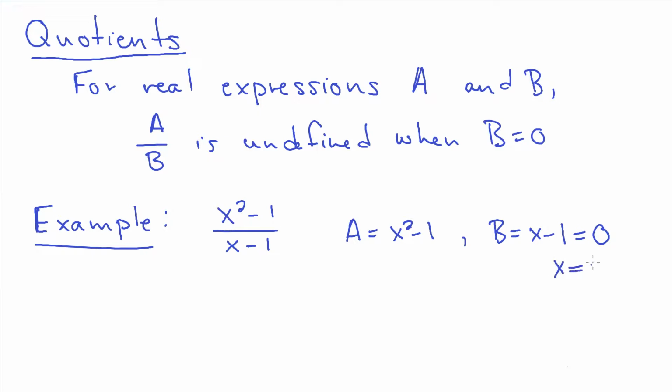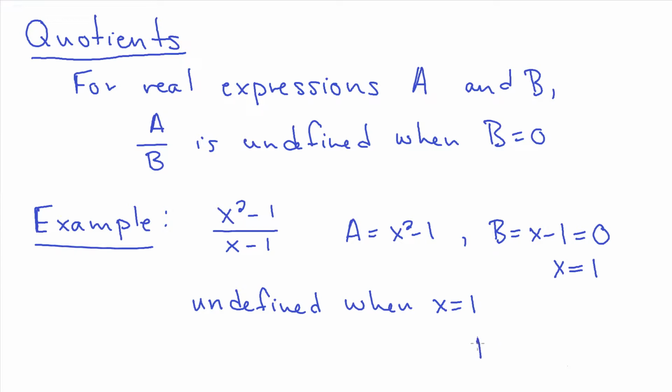In other words, whenever x is equal to 1, x squared minus 1 over x minus 1 is undefined. So that's what we're saying here. Anytime you have a quotient of real expressions, the denominator can't be 0.